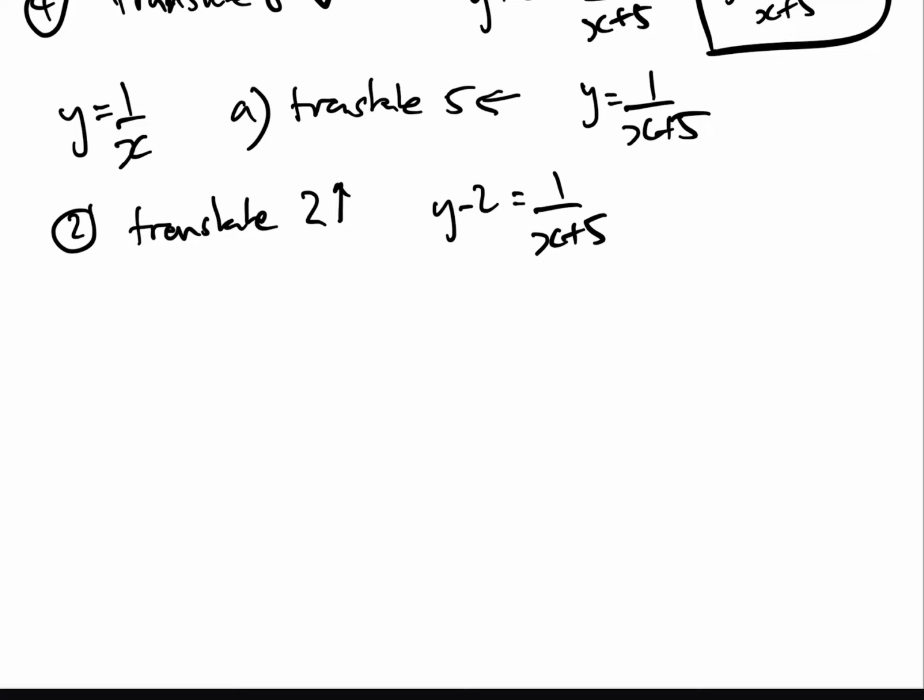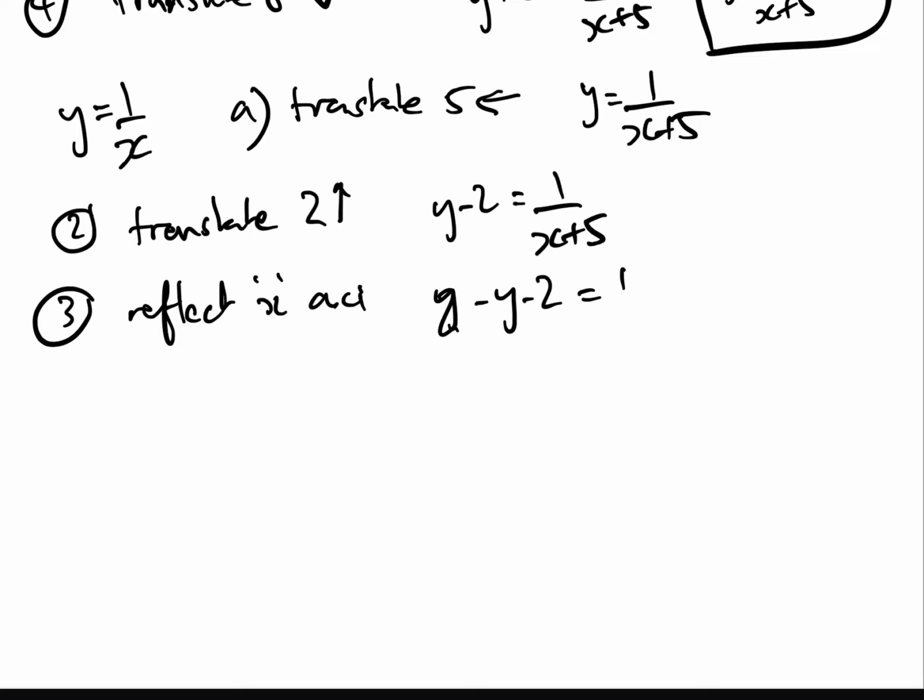And then step 3 would be to reflect in the x-axis, i.e. we replace y by -y, so that gives us -y - 2 equals 1 over (x + 5), or y equals -1 over (x + 5) minus 2.